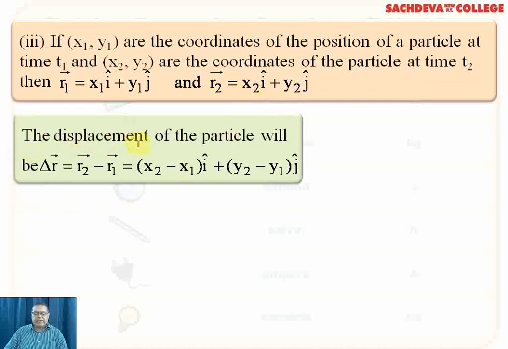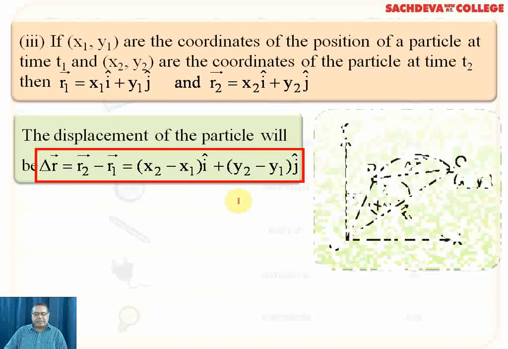The displacement of the particle is delta r, and that is r2 minus r1. Computing the values of r2 and r1, we get (x2 - x1)i plus (y2 - y1)j, where i is the unit vector along the x-axis and j is the unit vector along the y-axis.